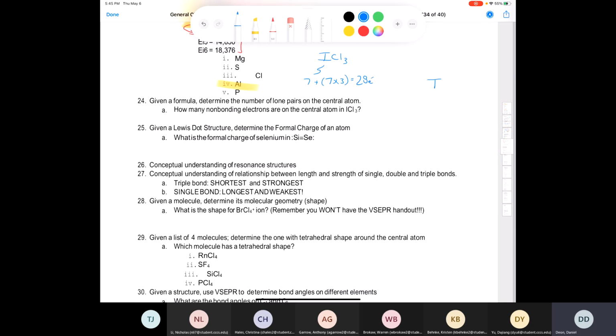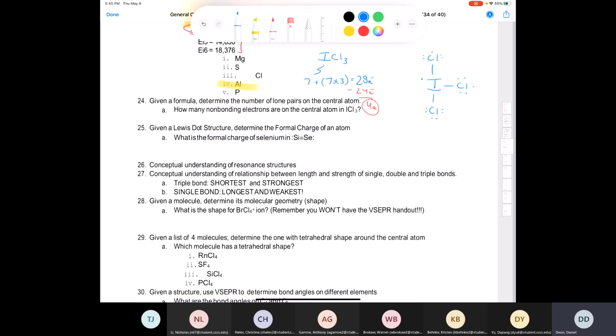Now, most of the time, chlorine is going to have 1 bond and 3 lone pairs. Okay, iodine here is less electronegative. It's going to be the central atom. So far, we've used up 8, 16, 24 valence electrons. So that means that we've got 28 minus 24, which leaves us 4 left over. Where are they going to go?